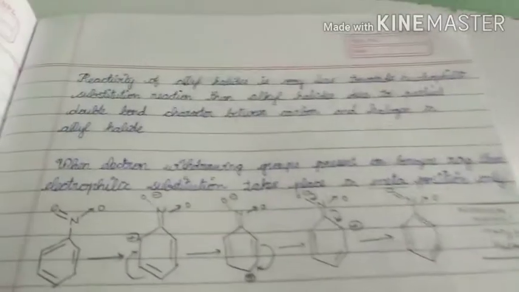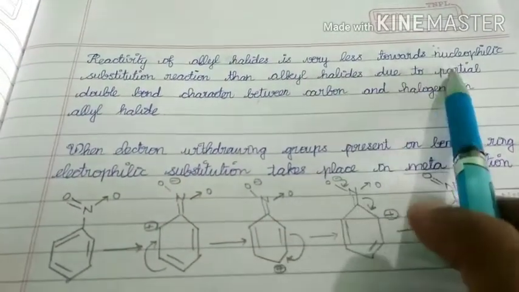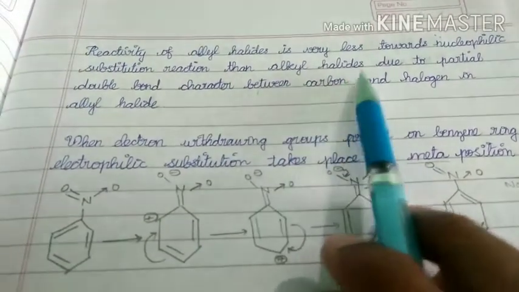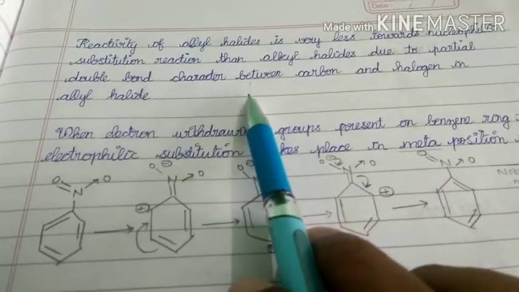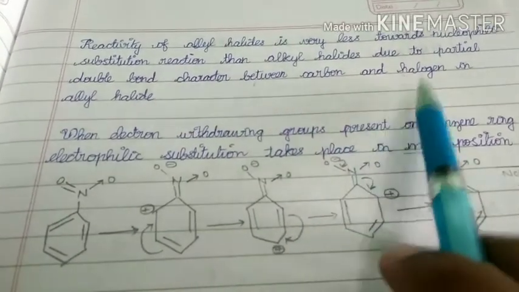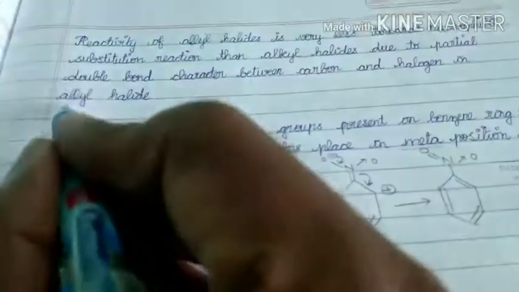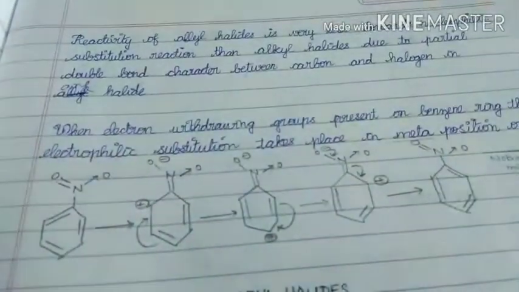Next point: the reactivity of aryl halides towards nucleophilic substitution reaction is very much less than that of alkyl halides, due to partial double bond character between carbon and halogen in aryl halides. This is a very important point.